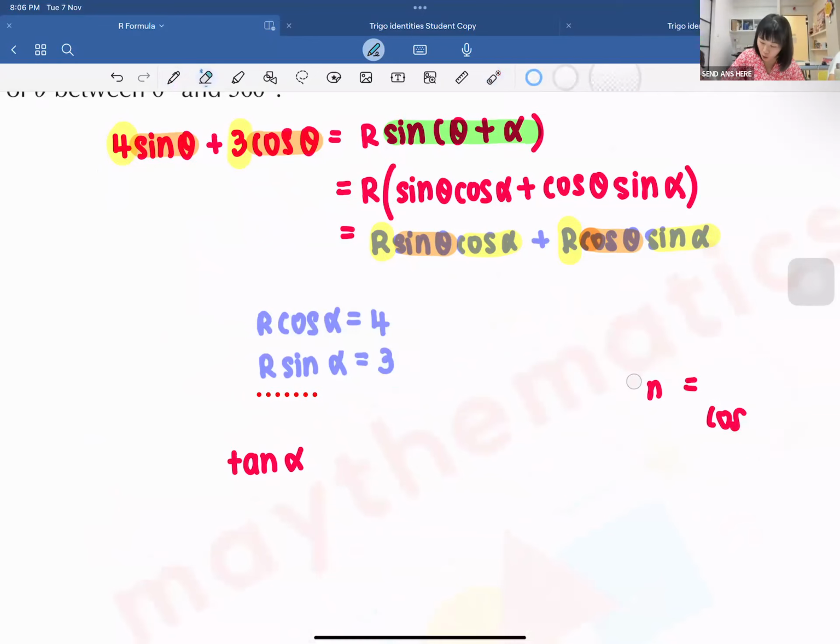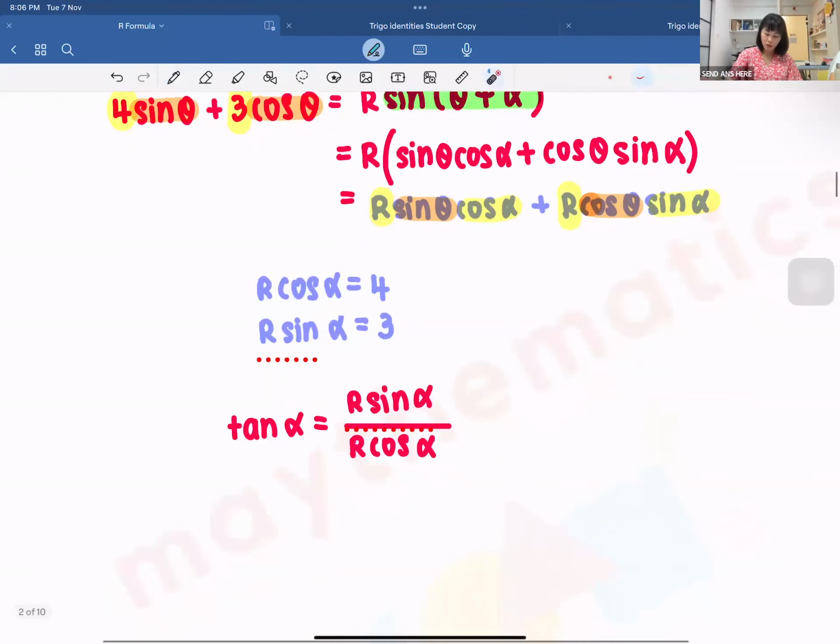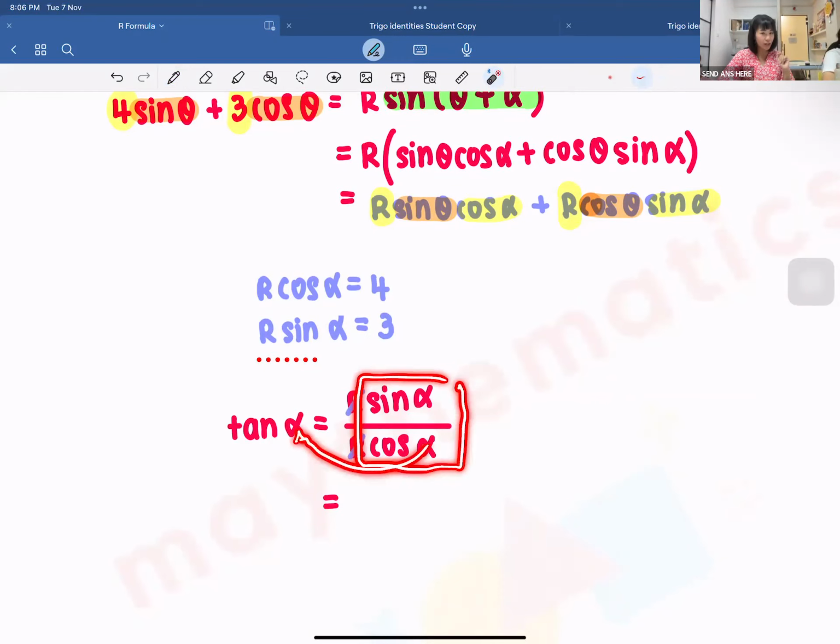So if it's sine over cosine, I write my R sine alpha, the sine first, then my R cosine alpha below. When you do that, can you see the R will get cancelled away? You are left with sine alpha over cosine alpha. Isn't that equal to tangent alpha?